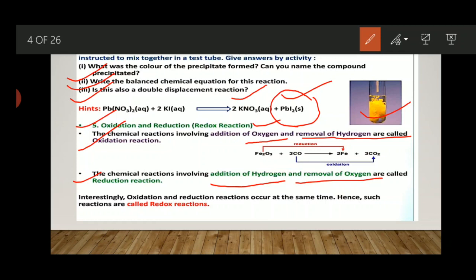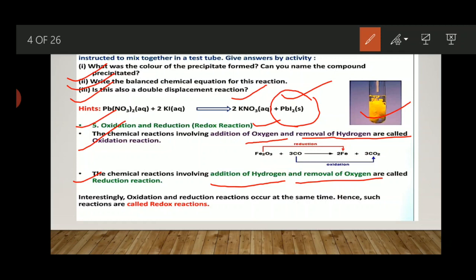So in that case, how will we identify which reaction is an oxidation reaction or a reduction reaction? We will see addition of electronegative elements or removal of electropositive elements. Wherever that type of thing is happening, that type of reaction is known as an oxidation reaction.